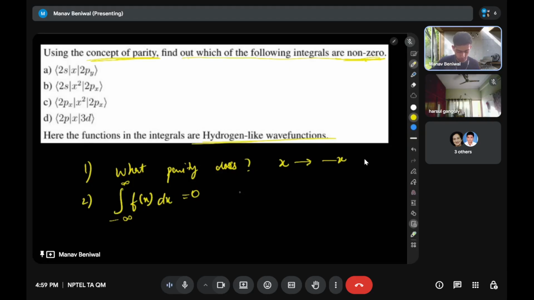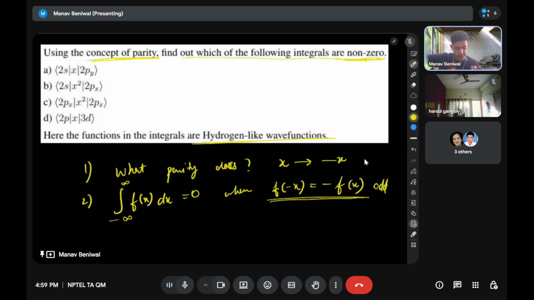This is true when f of minus x is minus f of x. When any function f of x satisfies this condition, is it an odd function or an even function? Odd. Correct.